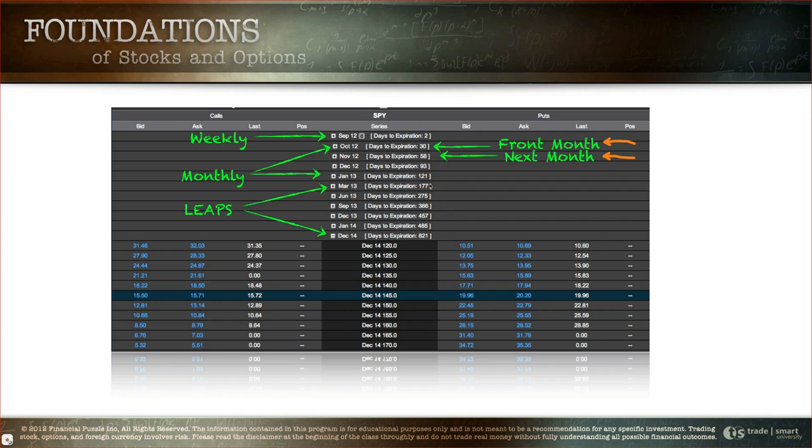So starting here, that's March 2013 through December 2014. The way you're going to see this listed is quarterly. You'll see the LEAPS options quarterly. Then you get down to monthlies and then weeklies as you get closer and closer to expiration. In other words, you cannot presently buy a June 2014 option for the Spiders.